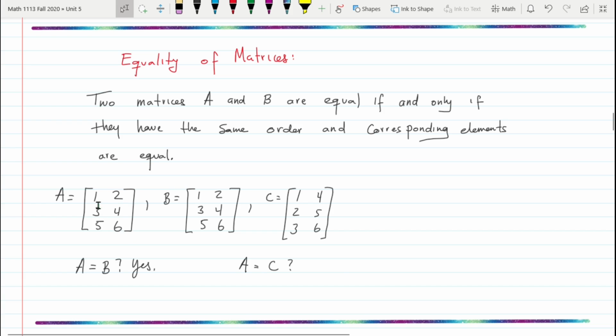Here the 2, which is the element 1, 2, doesn't match with the element 1, 2 in matrix C. So those two do not equal each other. They're not equal matrices, even though they have the same dimensions, and they really do have the same elements in them. They're just not in the right order.